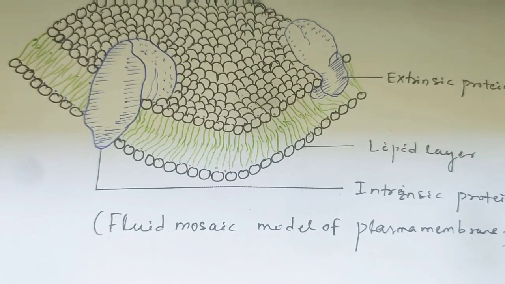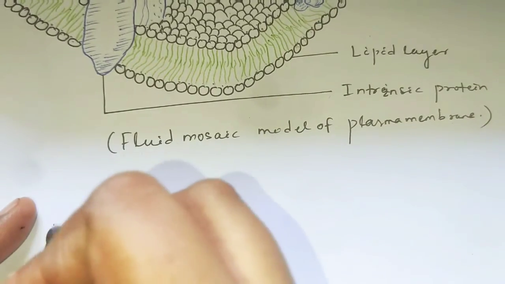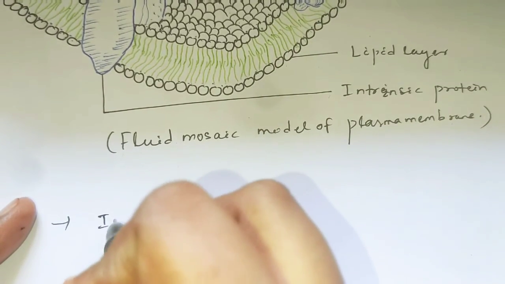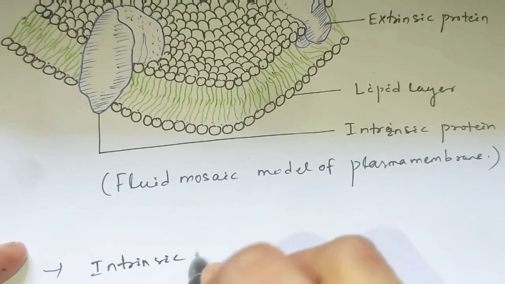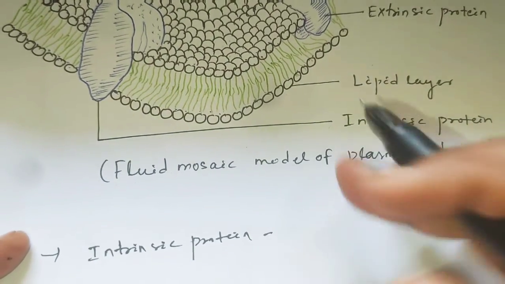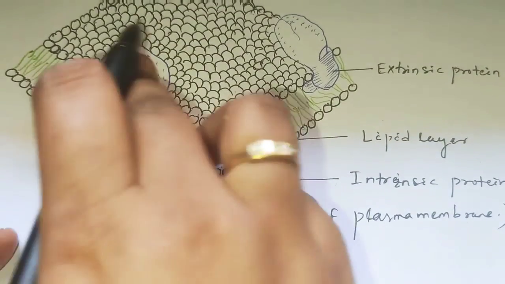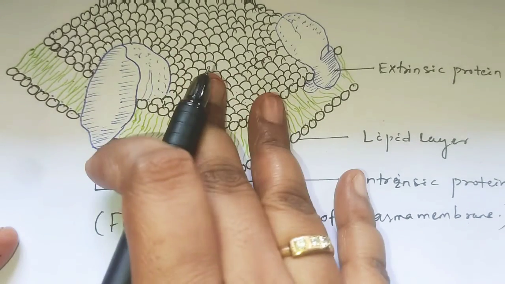Come first to intrinsic protein. What is that? Some molecules enter deeply. Here I am just mentioning below that diagram. In case of intrinsic protein, the protein molecule enters deeply into the lipid layer.